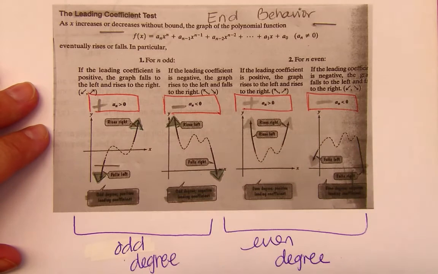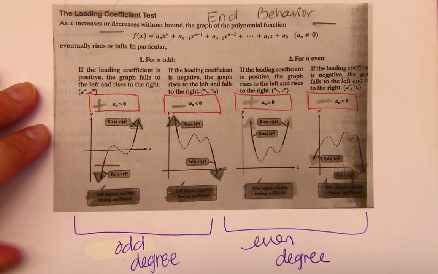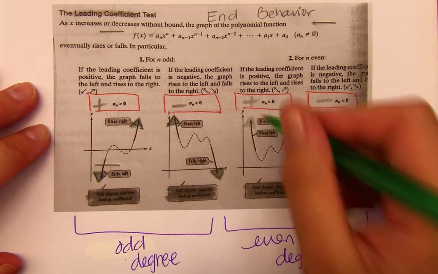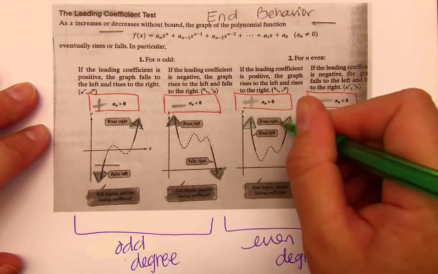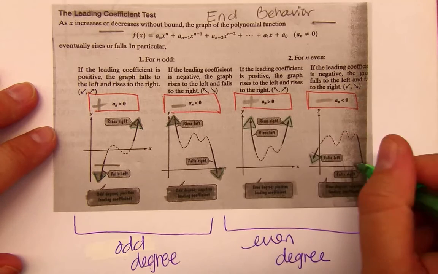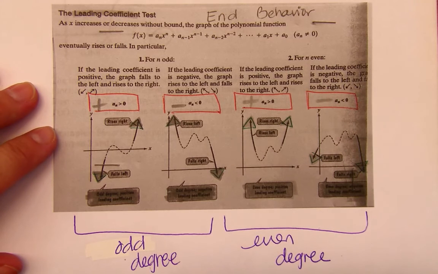One is going up, one is going down. So the degree of our polynomial is odd. So the highest exponent is a 1 or a 3, 5, 7, and so on. Now if these ending arrows go in the same direction, then that means that it's even. So like x squared is our degree, or to the 4th power, 6th power, and so on.